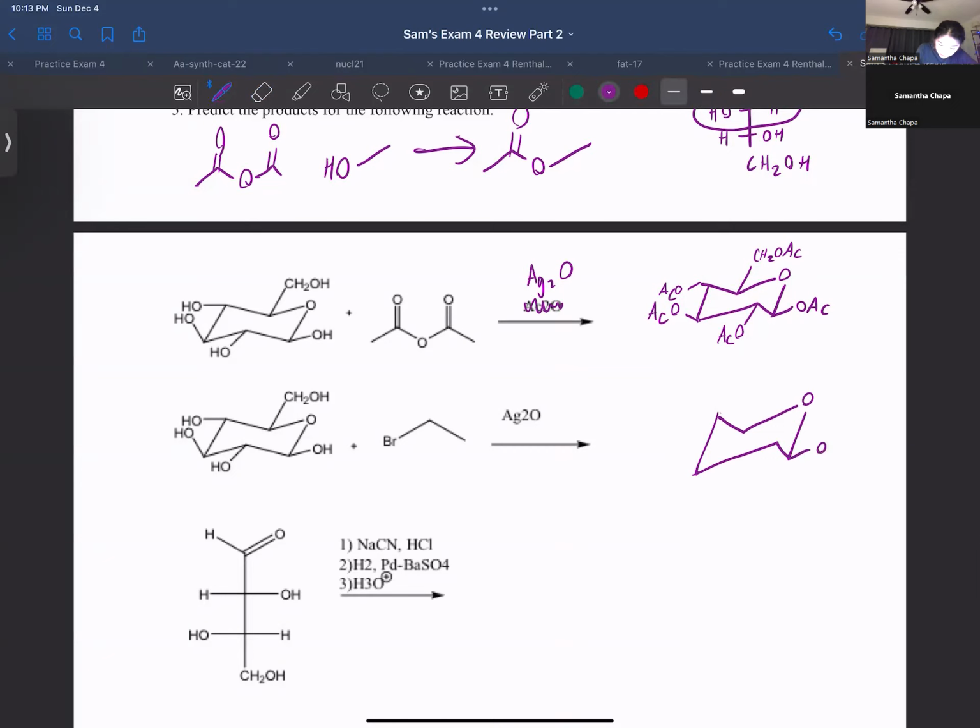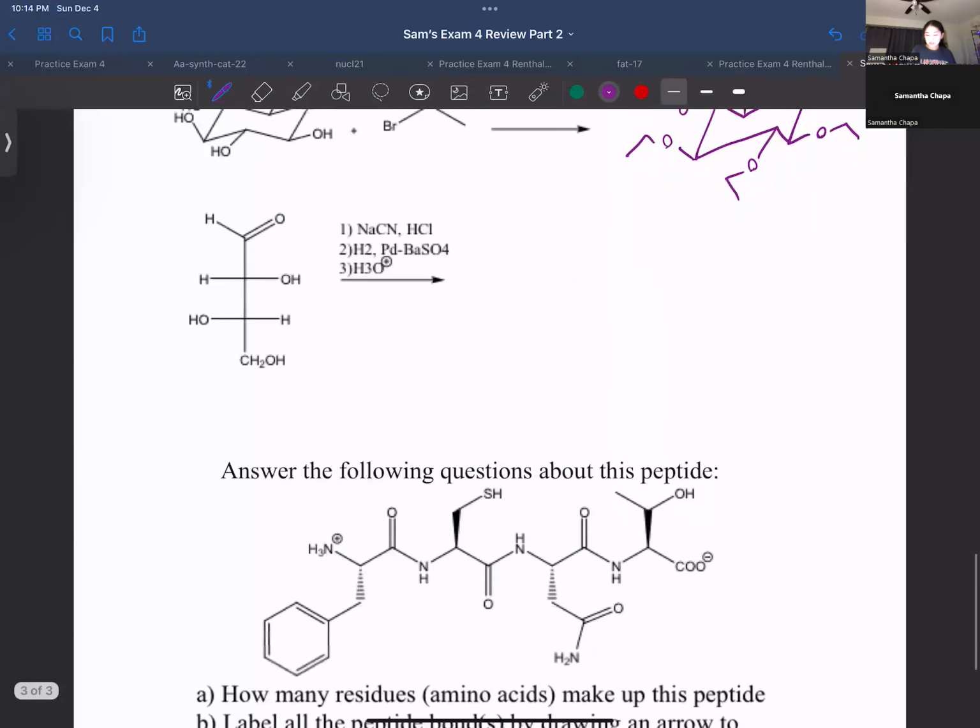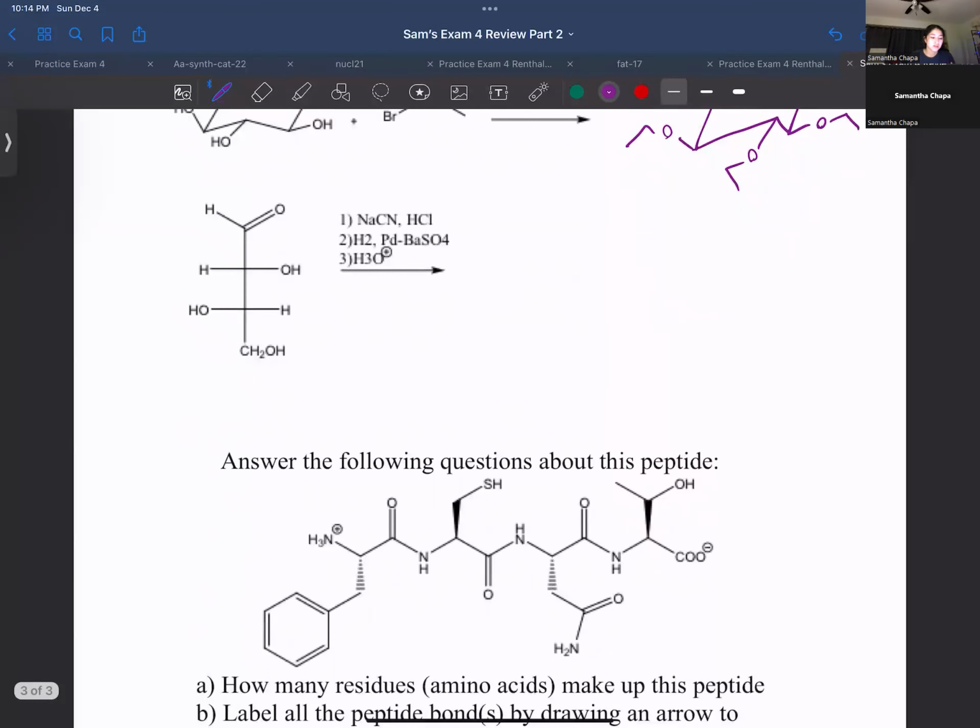So I'm just going to add my 2 carbons to every alcohol. That's all.